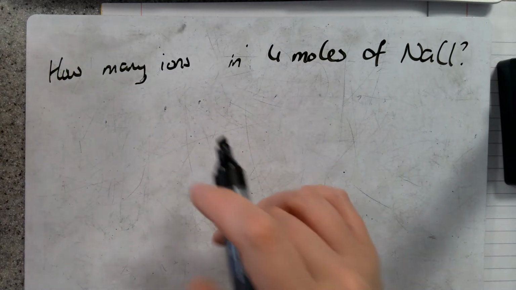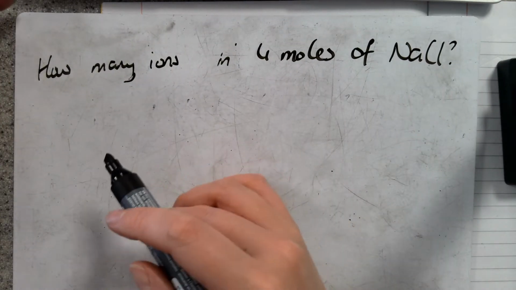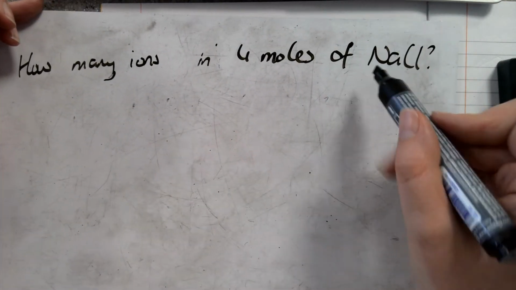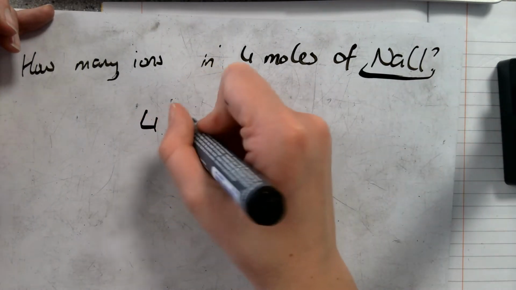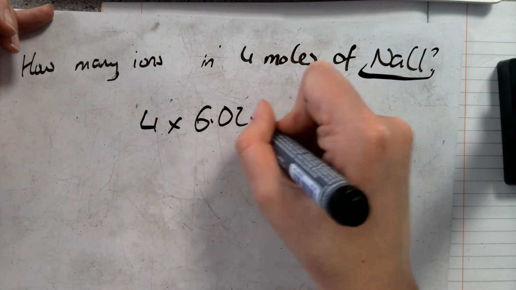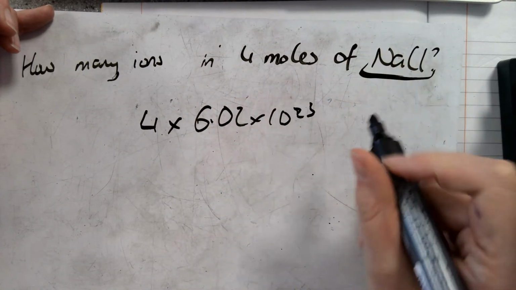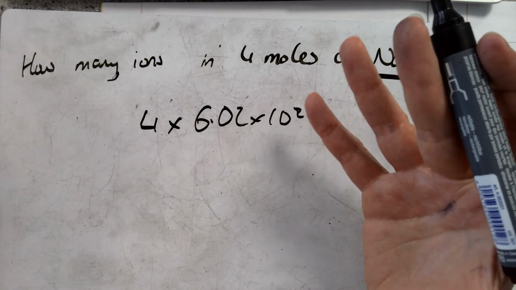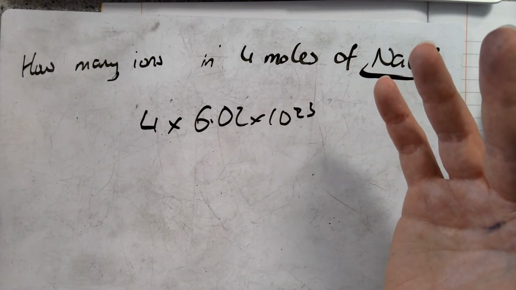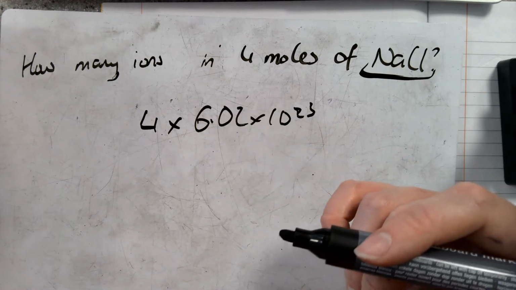When you're doing this, you have to treat it the same way as what we saw before. You almost have to consider that NaCl is a molecule. So you do 4 times Avogadro's constant first off to work out how many NaCl molecules you have. Now I know NaCl is not a molecule, it's a giant ionic lattice, but you do treat these calculations in a similar way.